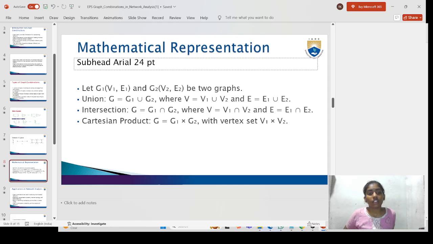Intersection: G equals G1 intersection G2, where V equals V1 intersection V2 and E equals E1 intersection E2. Cartesian product: G equals G1 cross G2 with vertex set V1 cross V2. Here G is nothing but the two graphs, V is the set of vertices of the two graphs and E is the edges of the two graphs.